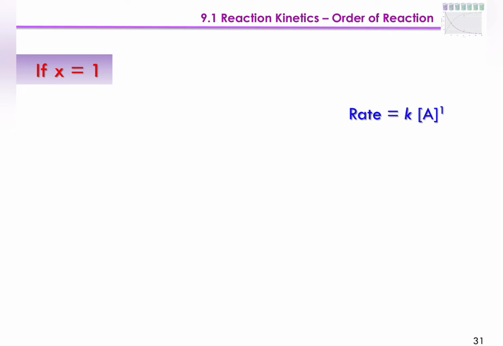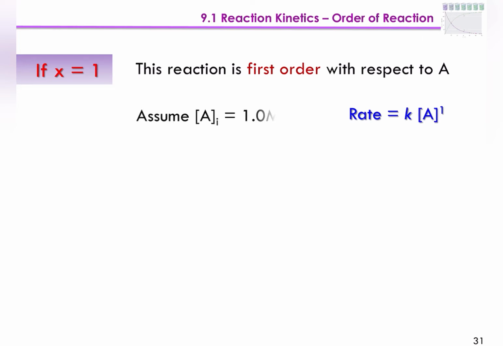Next, I take the value X equals 1. So I know that rate equals K times the concentration of A to the power of 1. So I have replaced it now. And what I know from here is this reaction is first order with respect to A. What's next? I assume the initial concentration for A is equal to 1.0. So if I put the value in my rate law expression, I will have an expression like this.